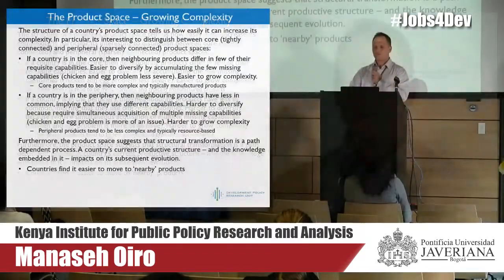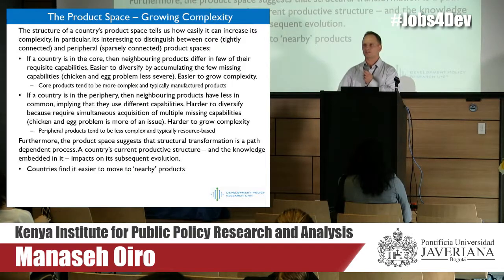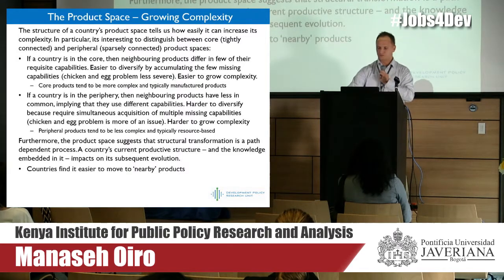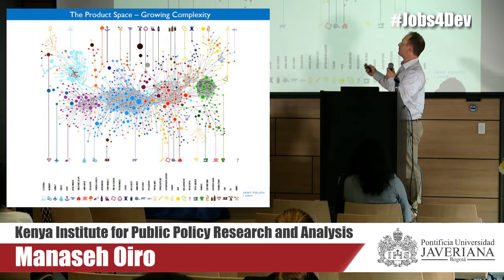Okay, so if a country has a lot of occupied nodes in the core, then the neighboring products differ in few of the requisite capabilities, and it's easier to diversify by accumulating the few missing capabilities. Okay, and it's easier to grow complexity. And the assumption there is that the products in the core are typically manufactured products, and they're typically more complex than products in the periphery, which are typically resource-based or primary products, which are typically less complex.